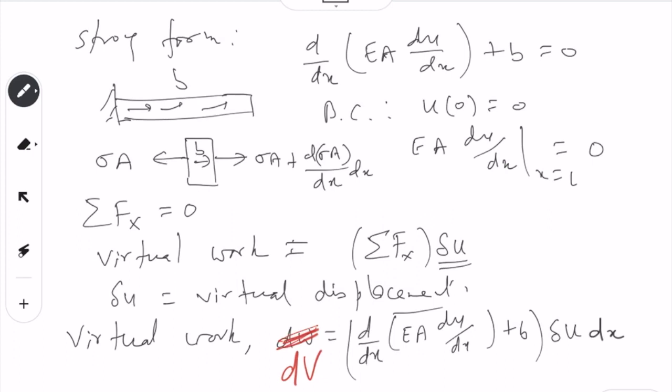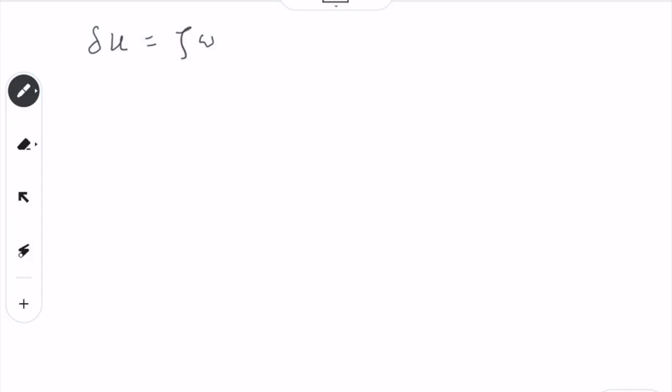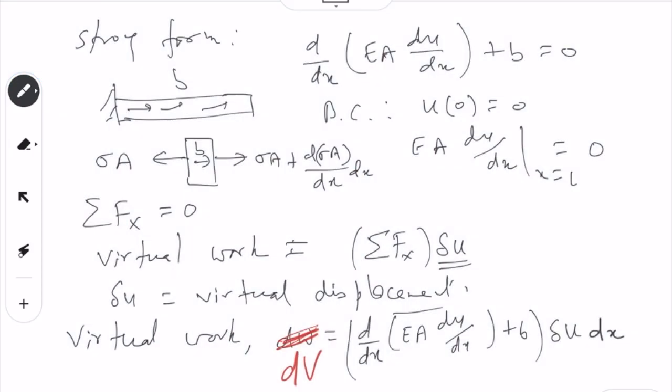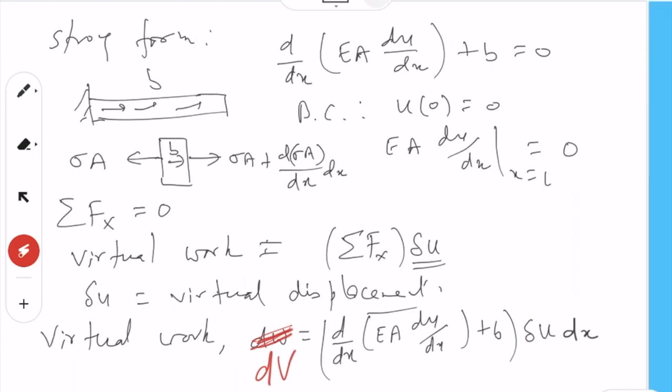Now, since we have del u as zeta w, we can write virtual work dV is equal to d over dx of EA du over dx plus b, multiplied by delta u, which is equal to zeta w.